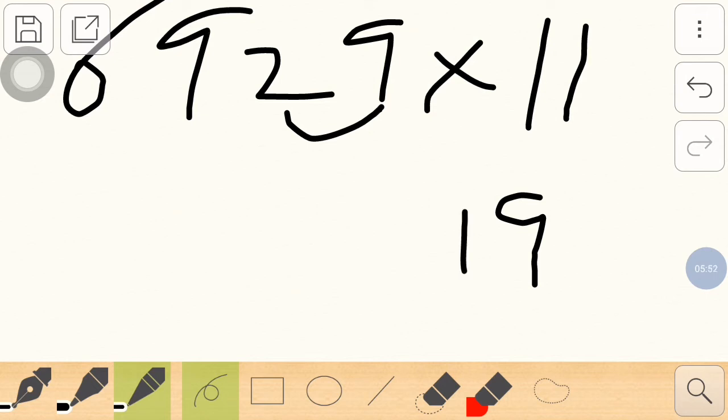Since this is more than 9, we're going to use the carryover effect. And again, 9 plus 2 gives us 11, but because of the carry 1, it becomes 12. So 2 carry 1. 9 plus 6 gives us 15. 15 plus 1 gives us 16.